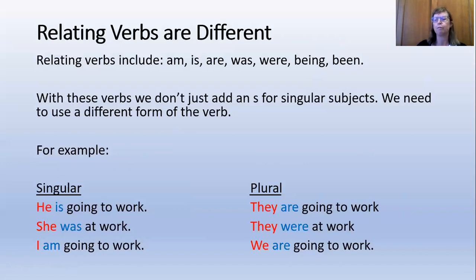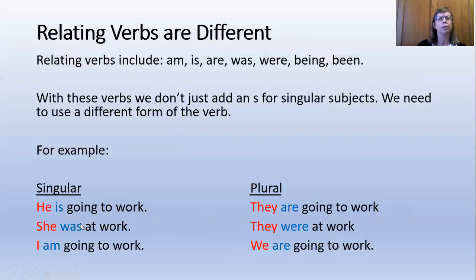We need to use a different form of the verb. So if we've got a singular form, he is going to work, then the plural form is they are going to work. So we've changed it from is to are. Both are relating verbs, but it's a different verb depending on whether the subject is single or plural, he or they.